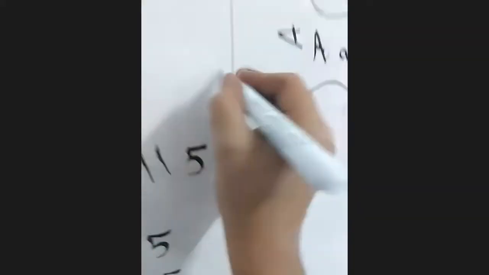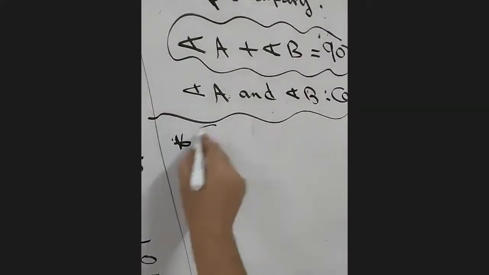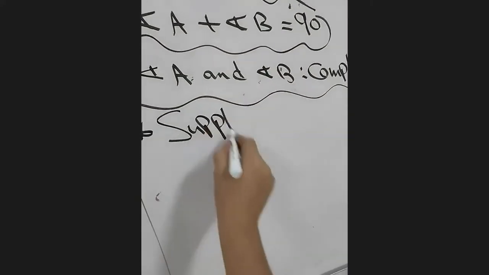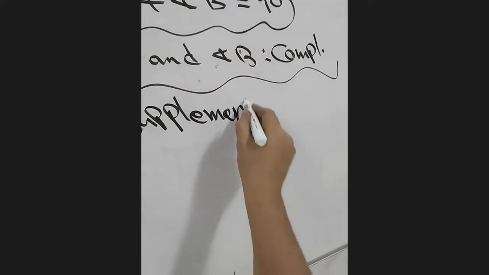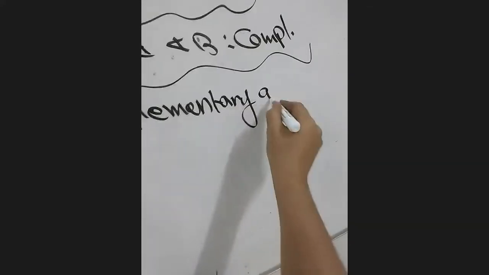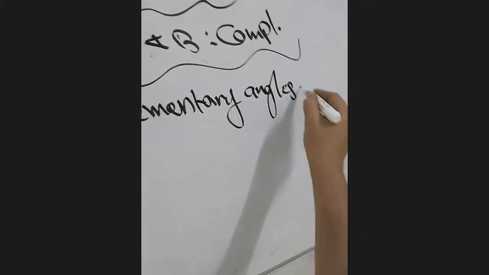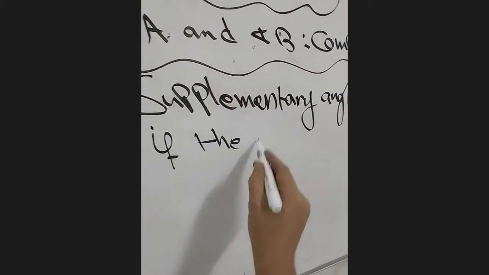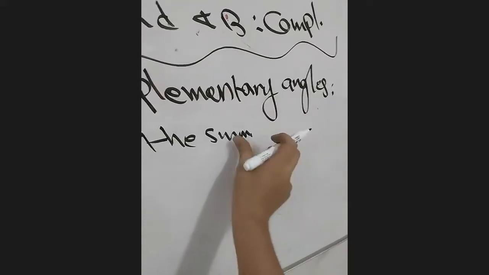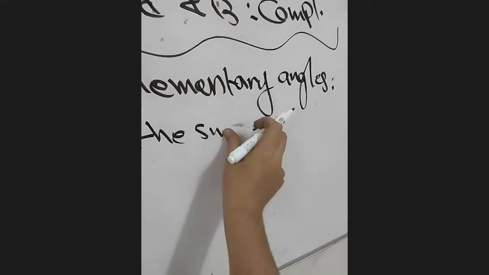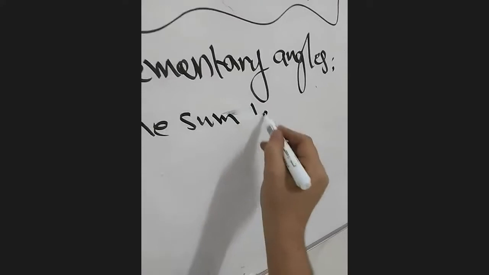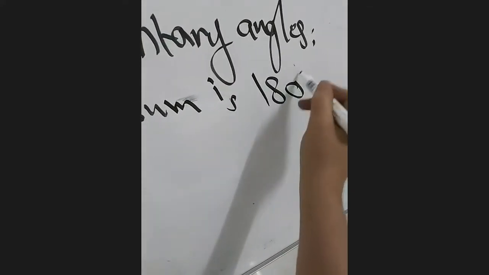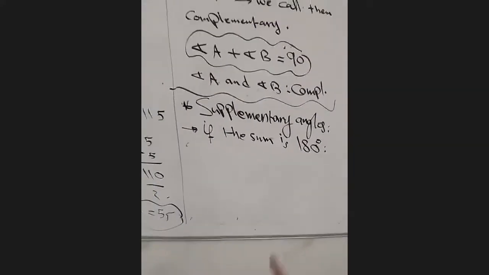But what are the supplementary angles? The second part, supplementary angles. If the sum is 180 degrees, we call them supplementary angles.